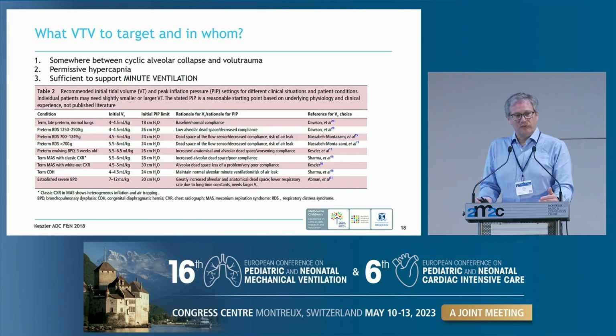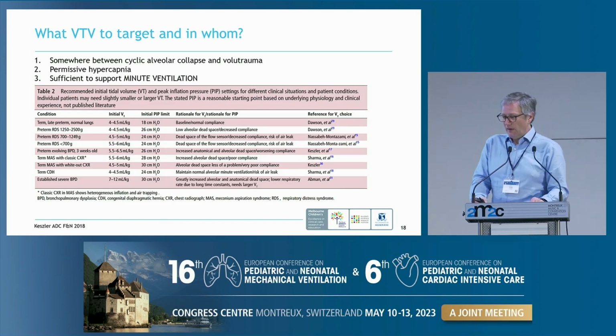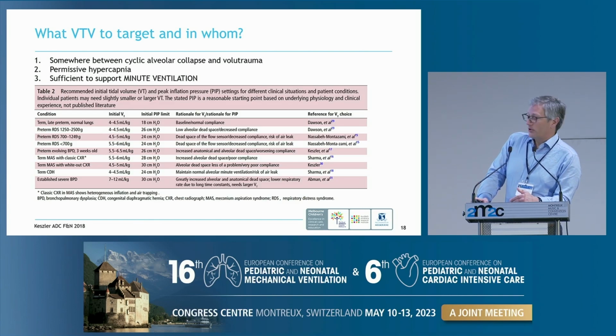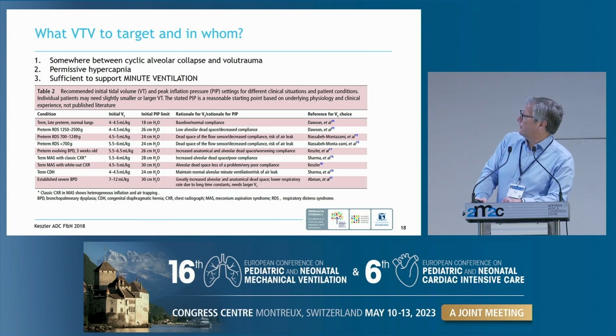Which means we need to have some idea about, firstly, what the dead space will be, some idea about what the actual alveolar volume you need to support minute ventilation will be, and some idea about what then your set tidal volume will be.